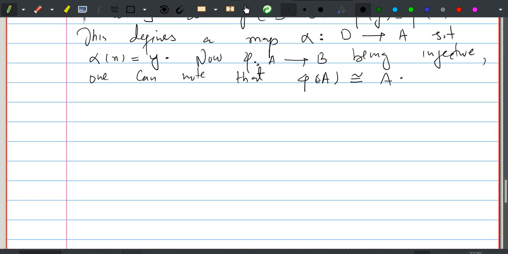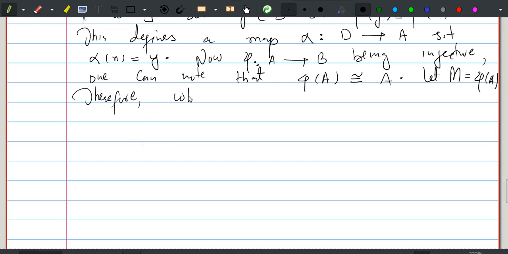Let us denote this module phi of A by M. Let M be the module phi of A. So if M is such a module, then phi inverse from M to A is actually the inverse of phi.